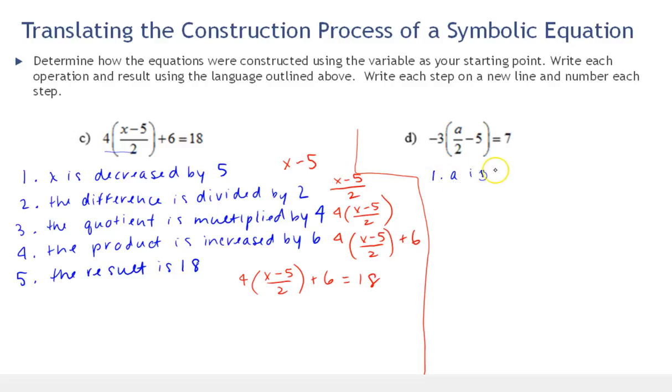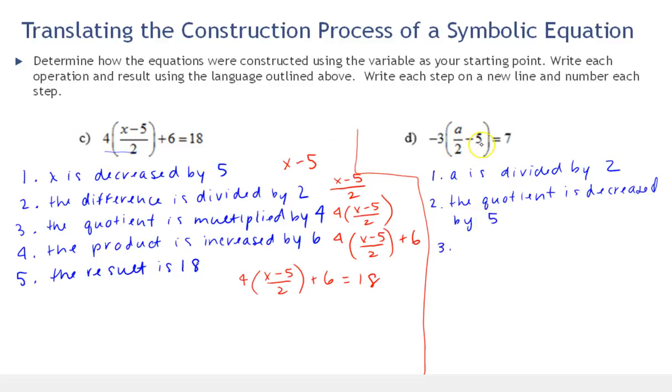A is divided by 2. Then we would subtract 5. So since the last process was division, we'll write the quotient is decreased by 5.